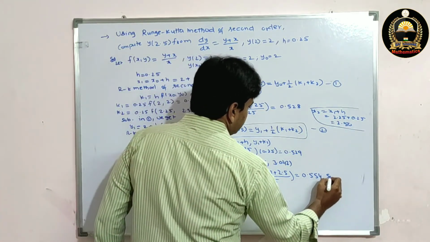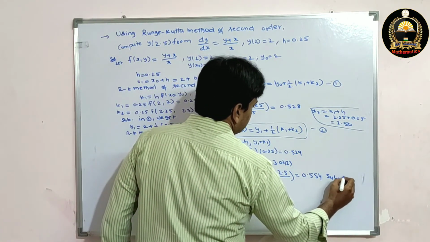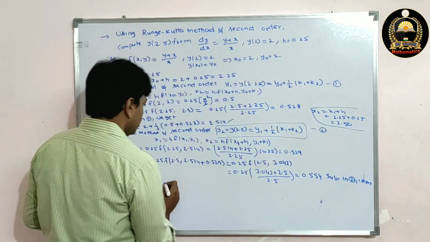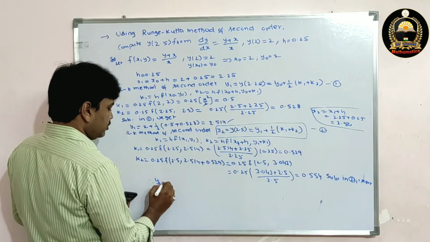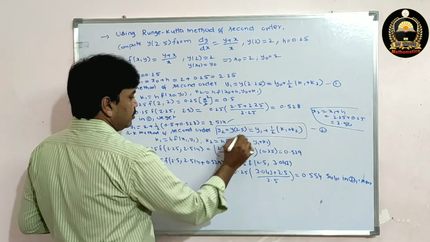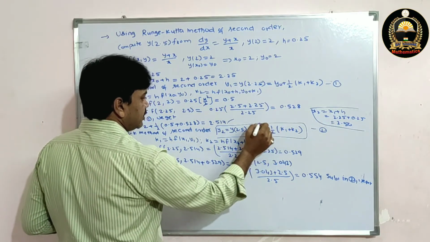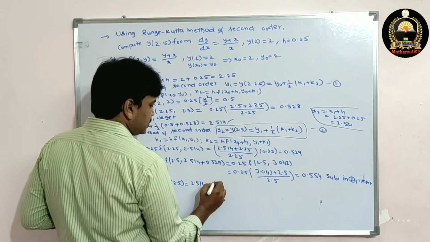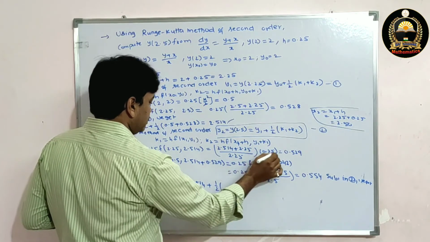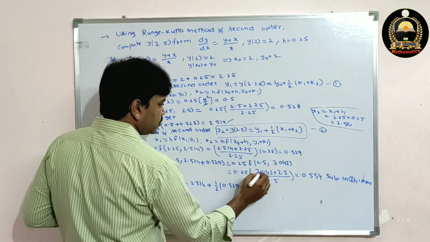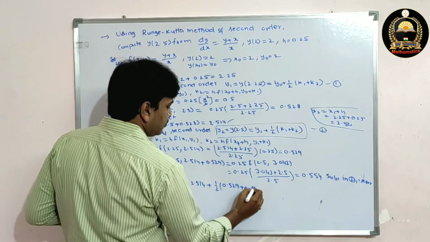That means if we substitute in 2, students, we get y2, y at 2.5, is equal to y1. What is y1? 2.514 plus 1/2 into (k1 0.529 plus k2 0.554).